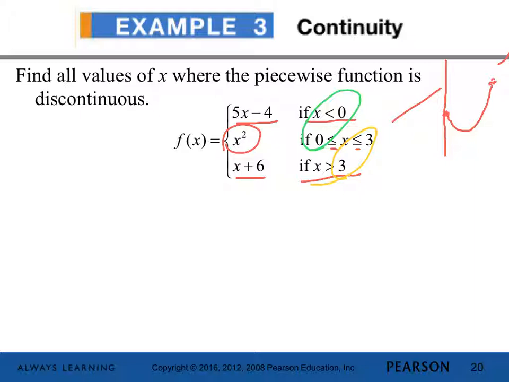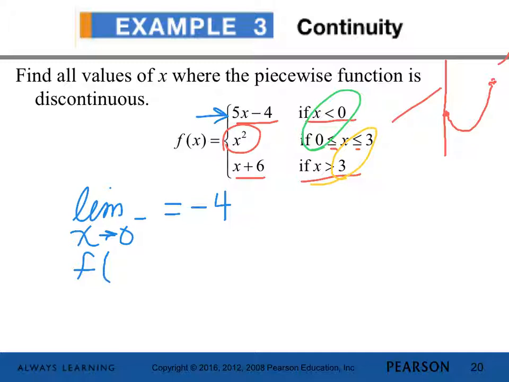So we're going to look at it. What is the limit, or the value of the function actually? What is the limit as x approaches 0 from the left, which means it's going to be following that rule. Well, 5 times 0 is 0, and 0 minus 4 is negative 4. And f of 0 is 0 squared, which is just 0.